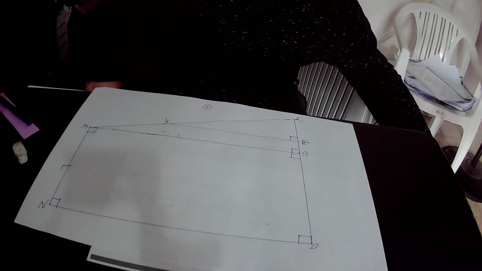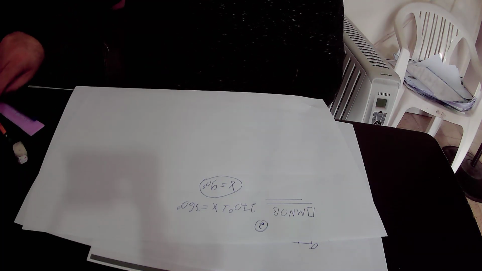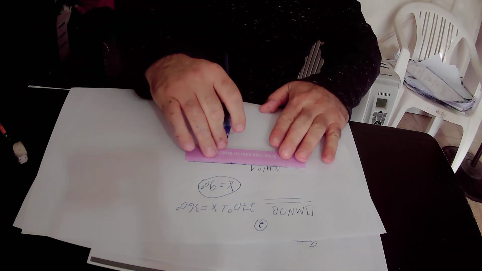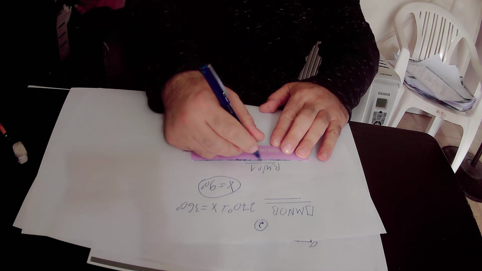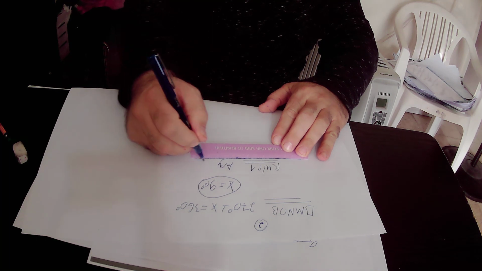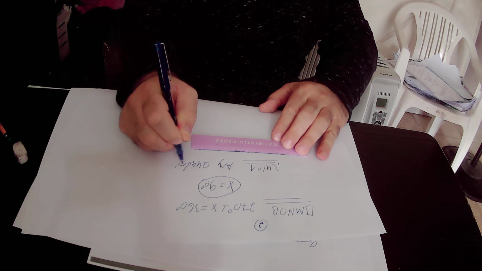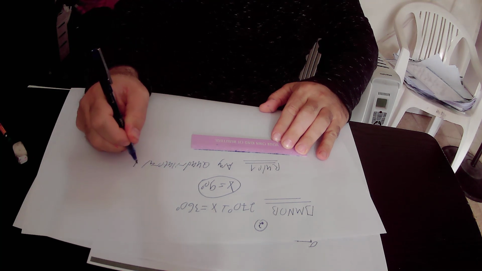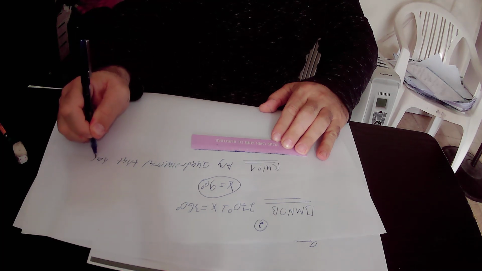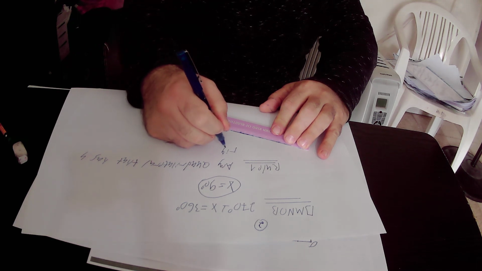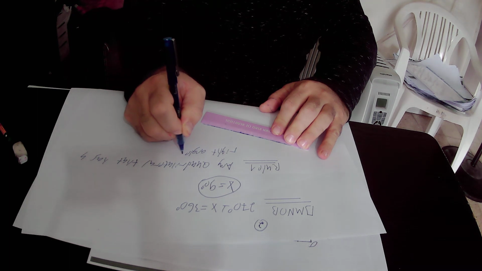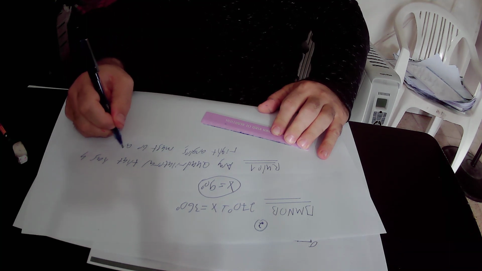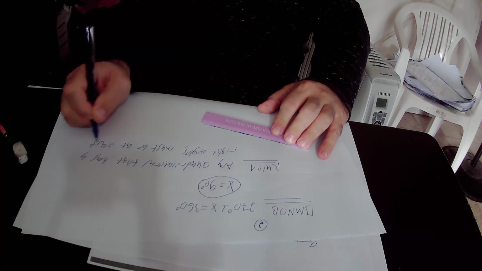So I write it down. Rule number 1 states that any quadrilateral that has four right angles must be at least a rectangle, if not a square.